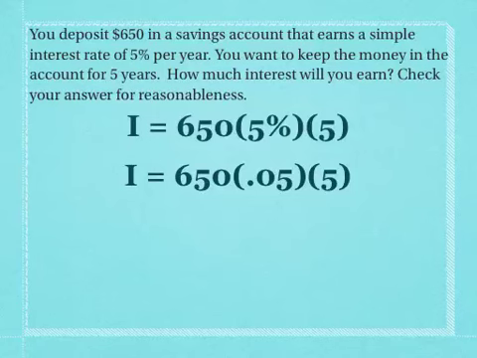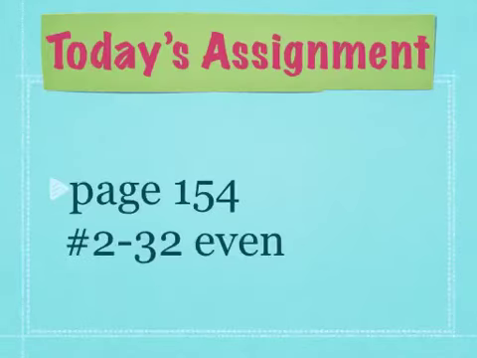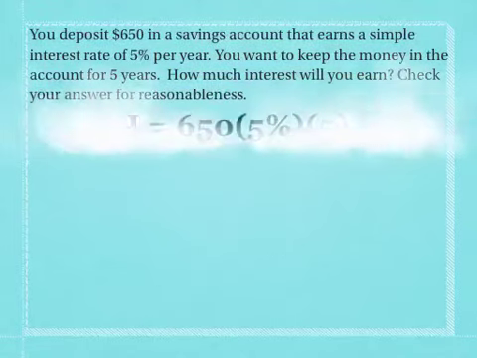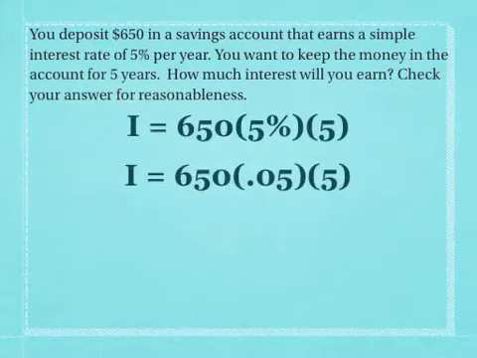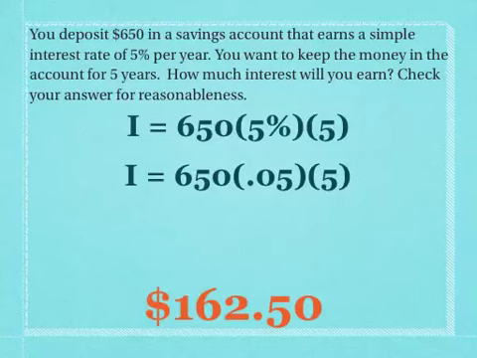So I'm going to do 650 times 5, and then multiply that times the decimal 0.05, which gives me $162.50.